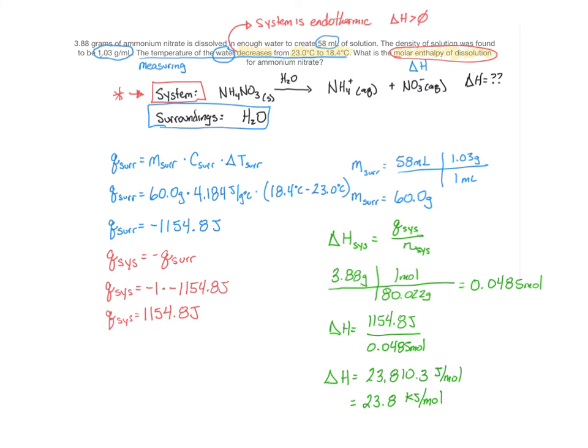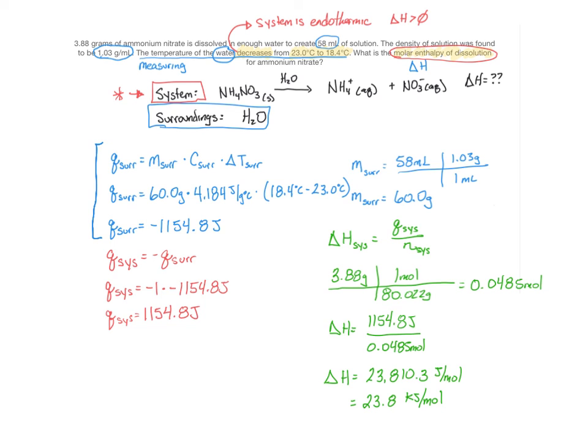Okay, so you should notice with these problems that really I am working these problems in 3 steps. I am finding one of the Q's, and depending upon the information given, this could either be Q of the system or Q of the surroundings.